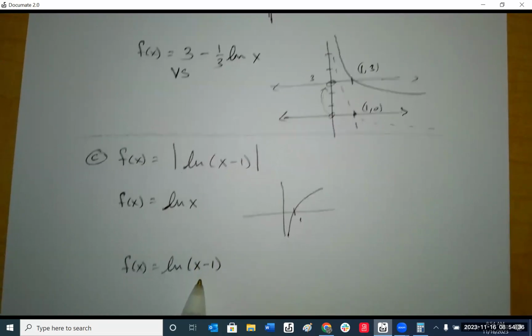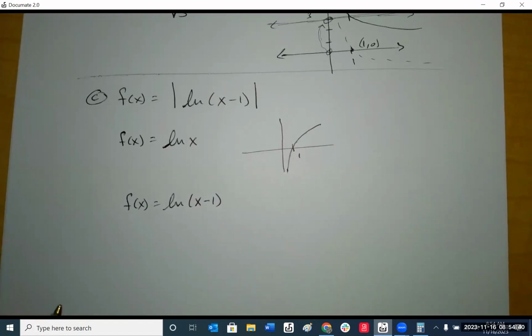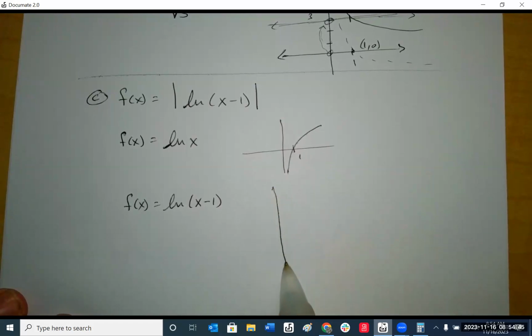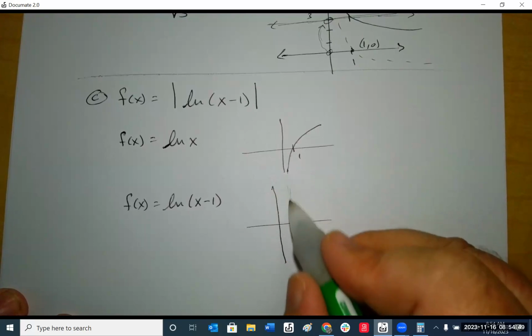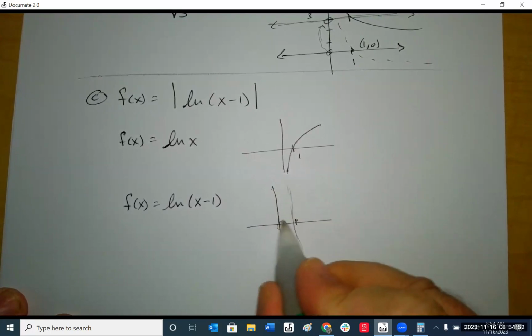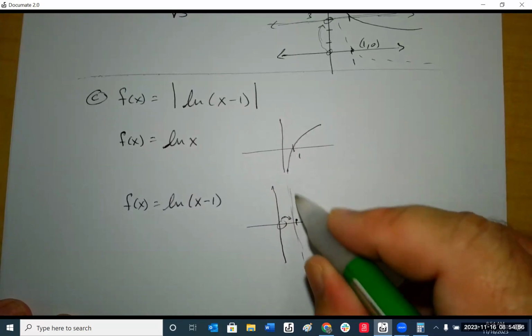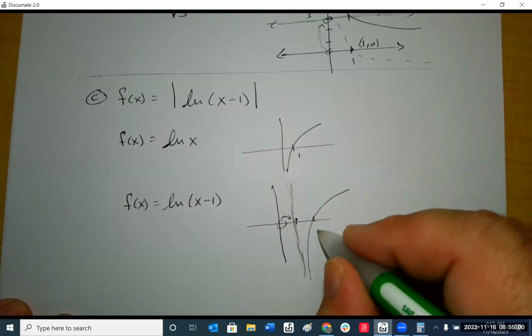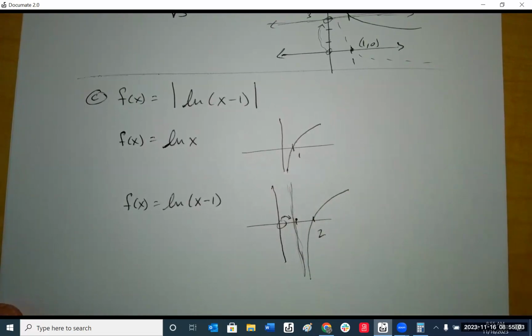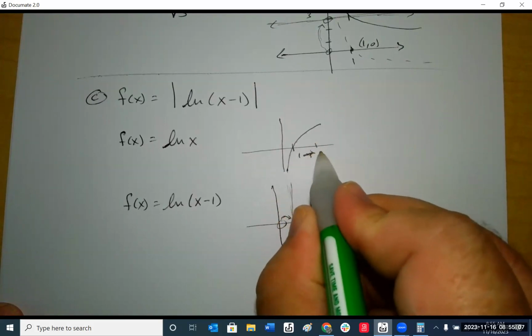But then we have an x minus 1 here. What does that do to it? Very good. Shifts it to the right 1 space. So I move the origin 1 space to the right. That means the asymptote is at 1, and it crosses at 2 now, because I move everything over one space.